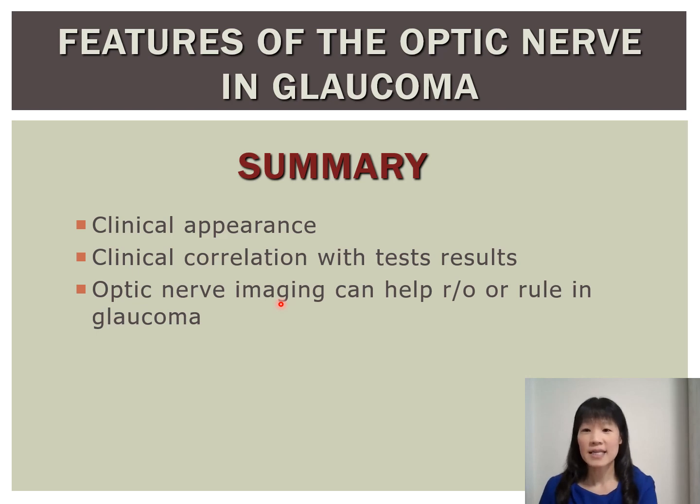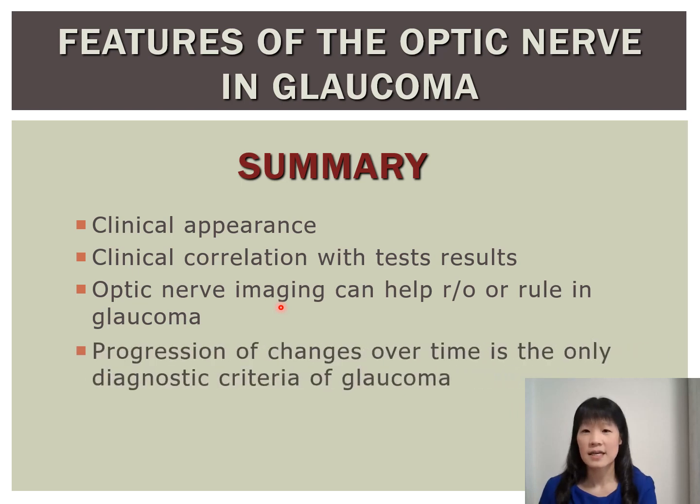So the bottom line is our optic nerve exam should focus on certain things, but that is just one piece of the puzzle, and we still need to look at the vision, the pressure, the testing, and other exam features when we're in the clinic to diagnose our patient with optic nerve disease and glaucoma.